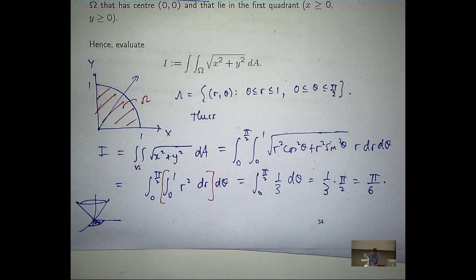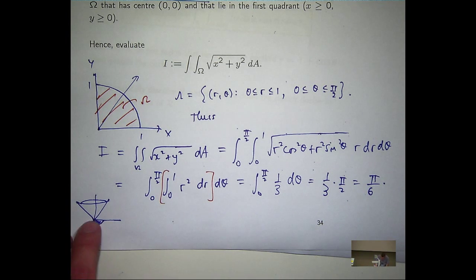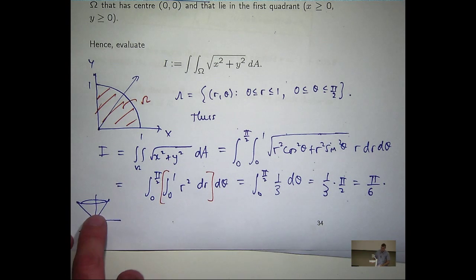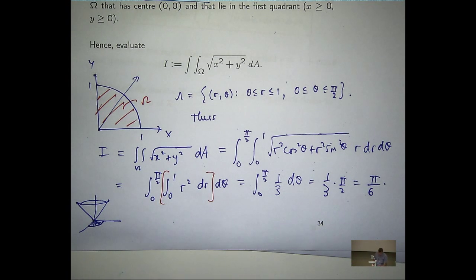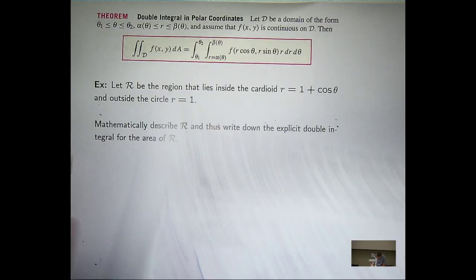So the actual value, pi on 6, is just the volume above that shaded area in the xy plane and below the cone. So our answer is just the volume above this little shaded bit in the xy plane, but below the cone. So pretty easy, that one.